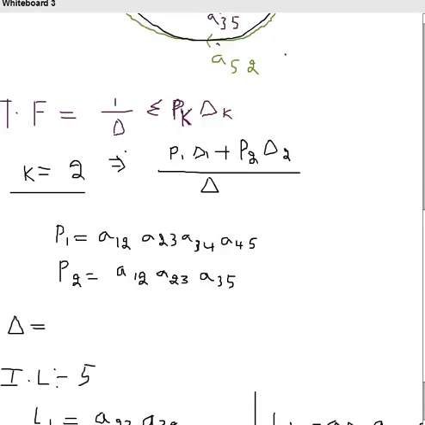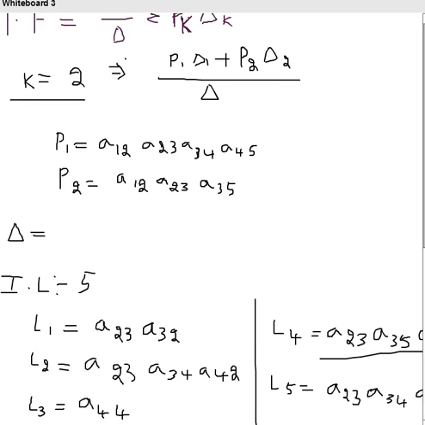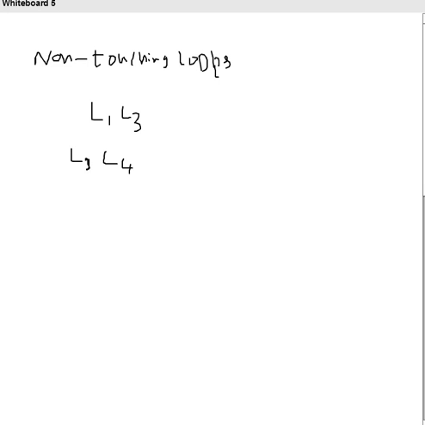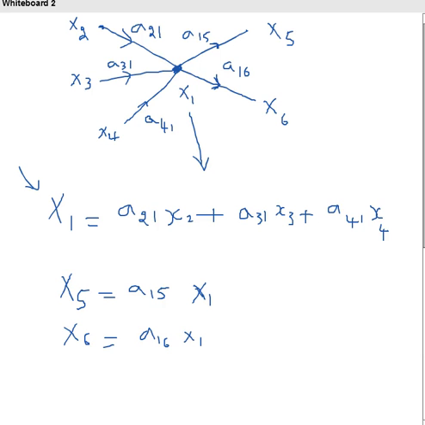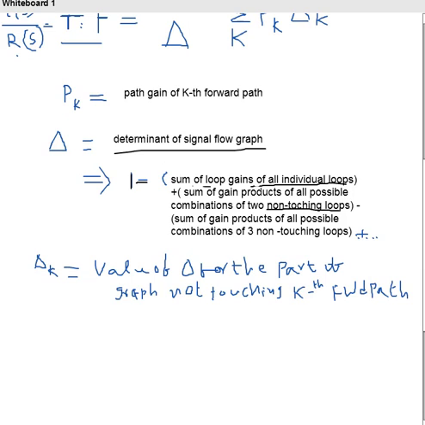Any combination is there? No, right? So if 3 non-touching loops is not there, so 4 non-touching loops are also not there. So in the formula, 1 minus loop gains of individual loops is over, 2 non-touching loops is over. So this part is not there, so this part is 0 in our problem.